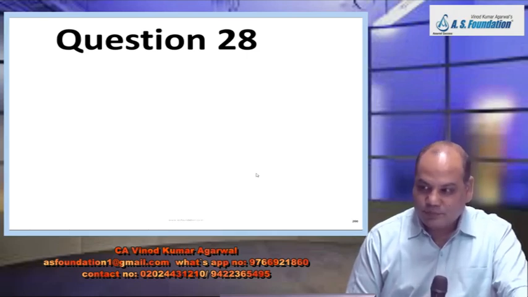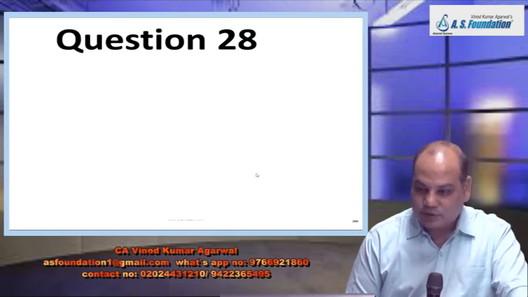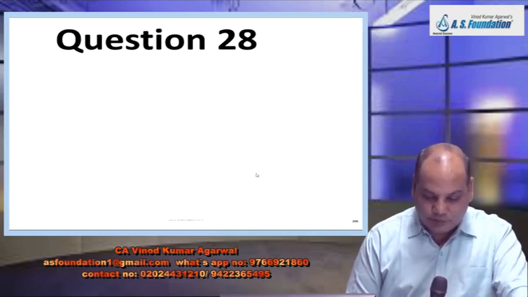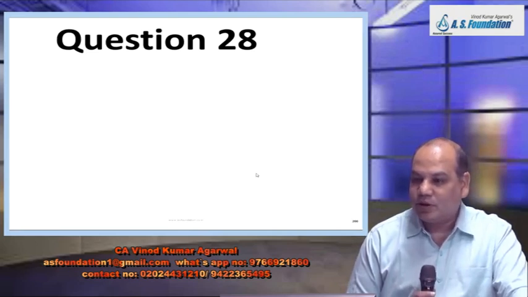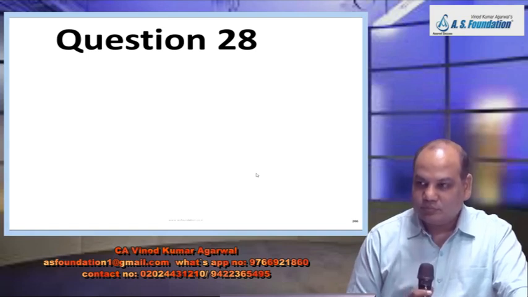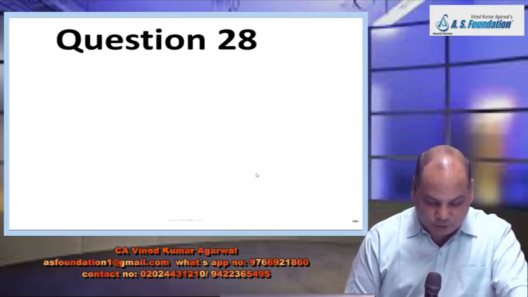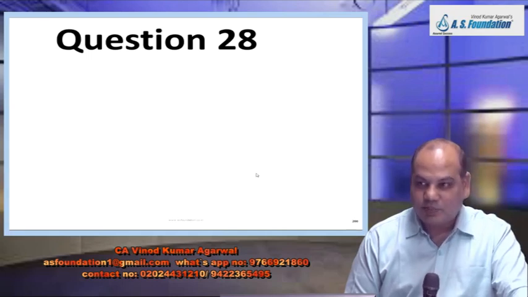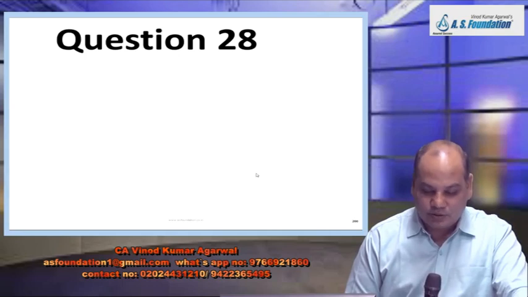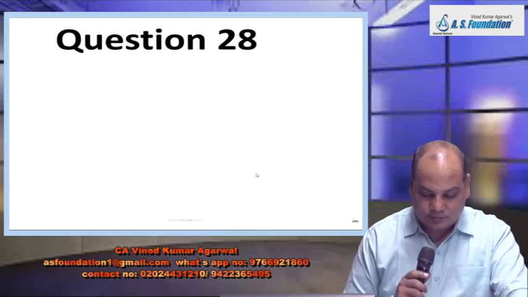Non-current asset, land 4500, 2500, plant and equipment 2400, 1750, and then investment 8000 in S column 0. Current asset, inventory, receivable, bank, then ordinary share capital, underline 50 paise. 50 paise means one share is having a face value of 50 paise.